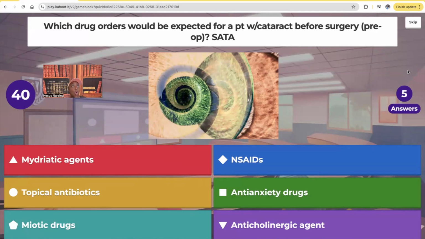Before surgery, what type of medications do you expect to be ordered for this patient before they have the cataract removal? Okay, this is pre-op. Select all that apply. There's more than one answer.